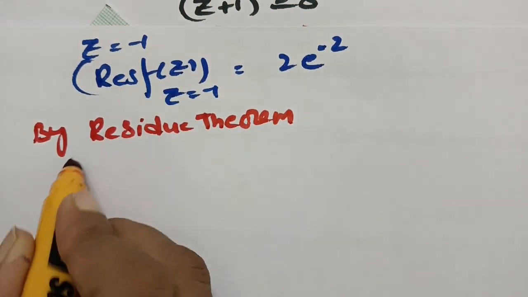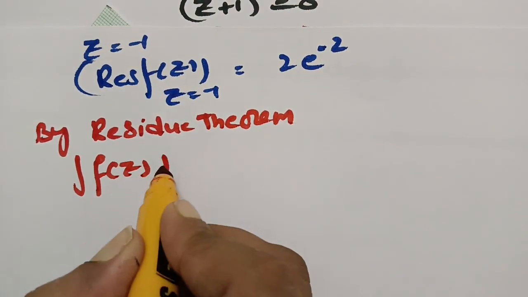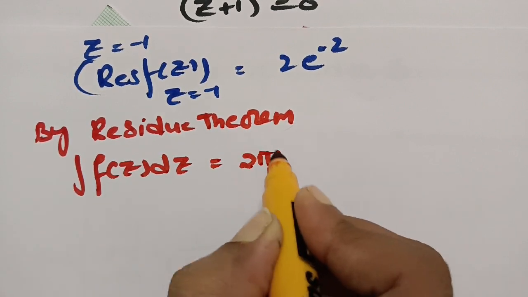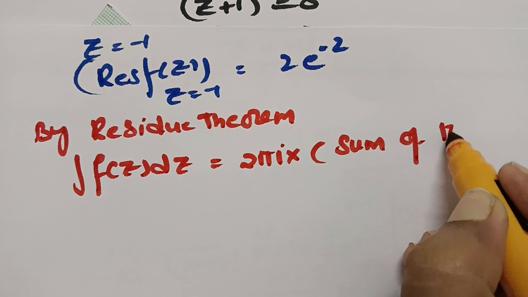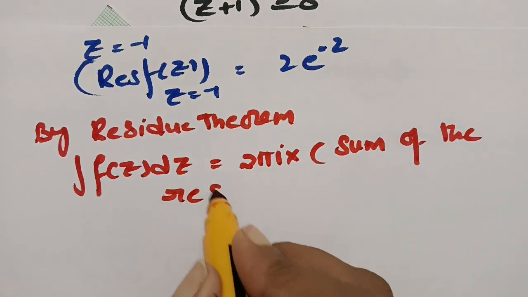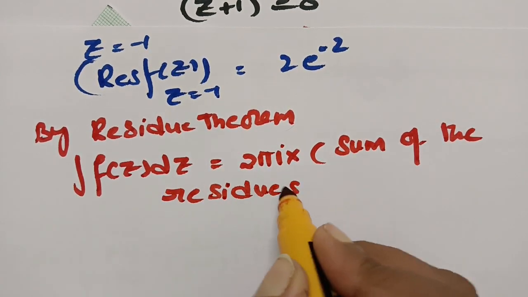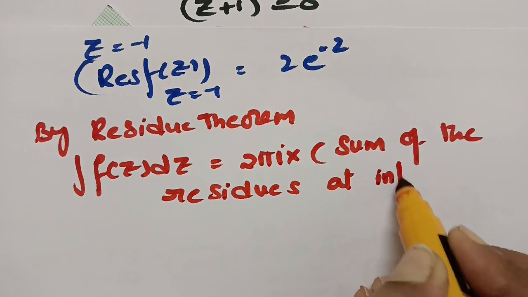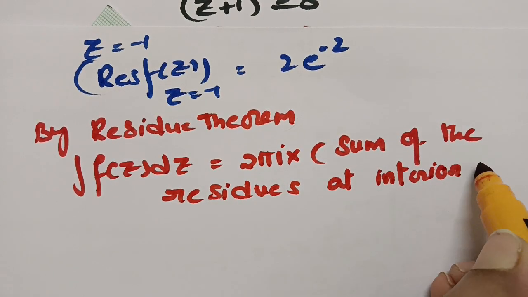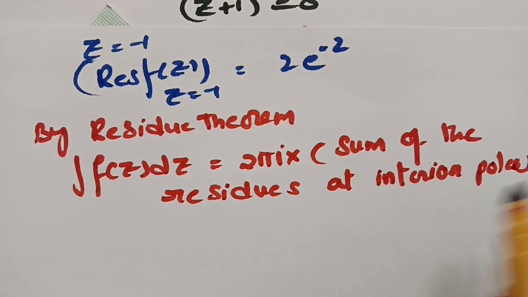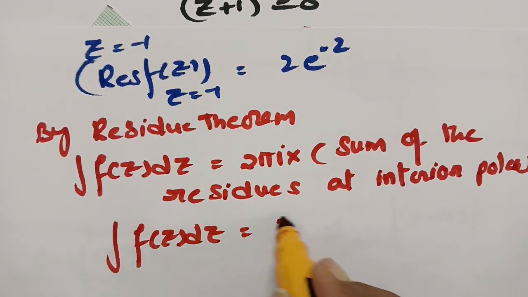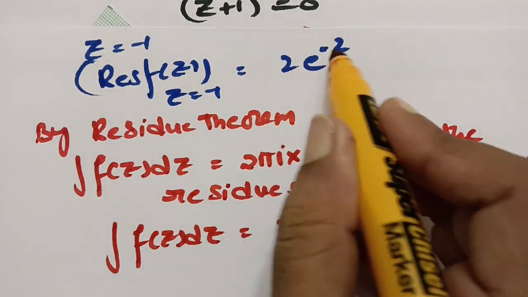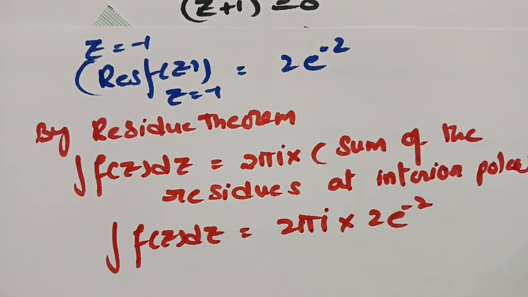by residue theorem, integral f of z dz is nothing but 2 pi i into the sum of the residues at interior poles. So integral f of z dz is nothing but 2 pi i into the sum of the residues, that is 2 into e power minus 2.